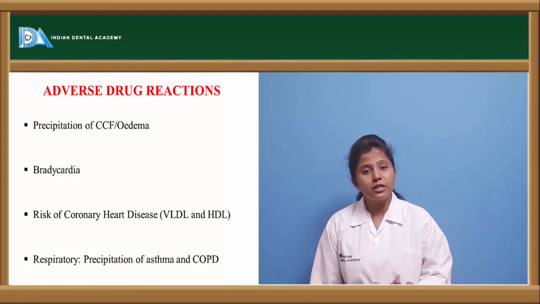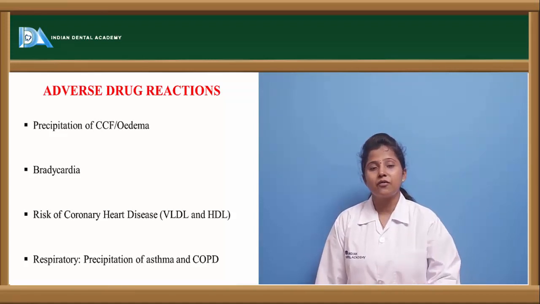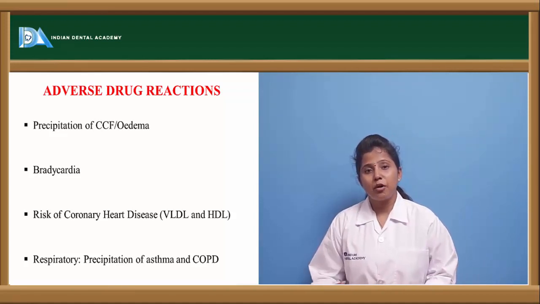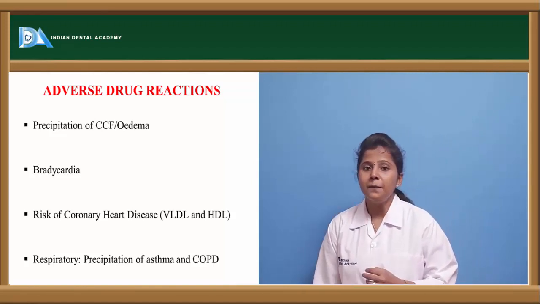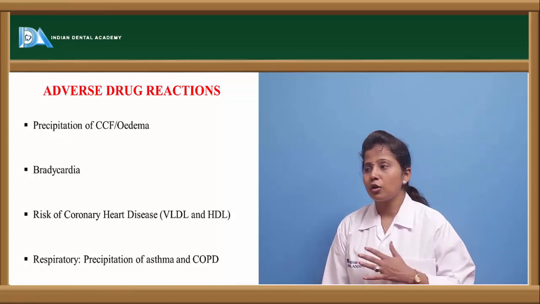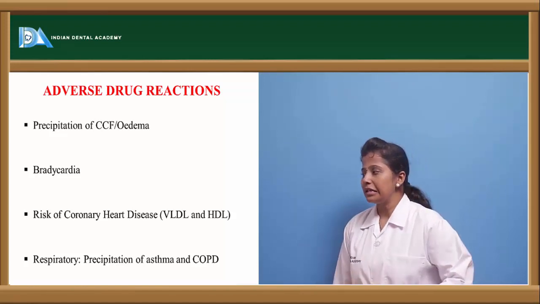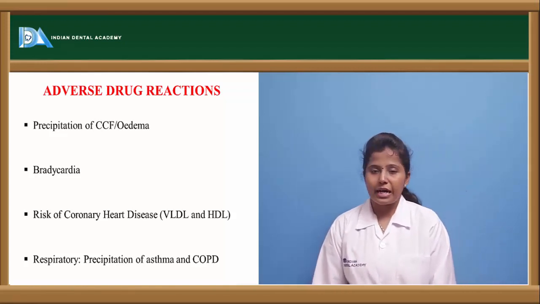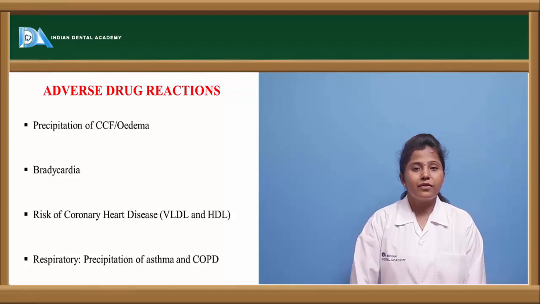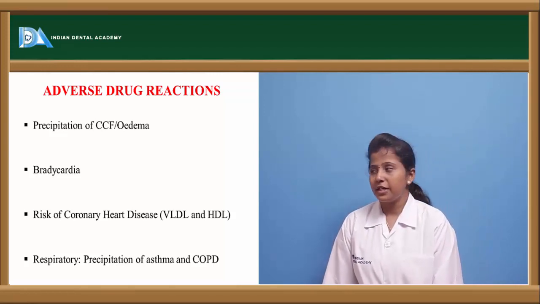So when propranolol is given in higher doses, it causes increased lipolysis where lipids are formed. They get deposited in the coronary vascular muscles or coronary smooth muscles, where there will be reduced flow, or increased risk of coronary heart disease, and it sometimes causes precipitation of asthma and COPD. If it is given in excessive dose, it leads to chronic obstructive pulmonary diseases also.